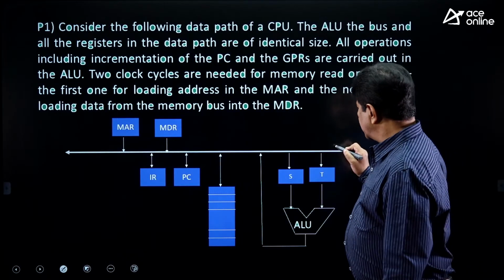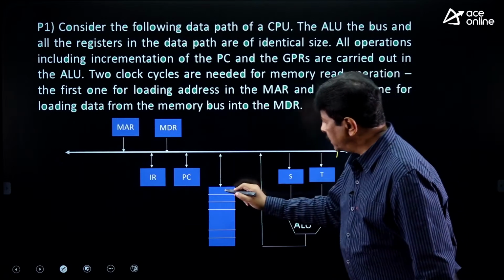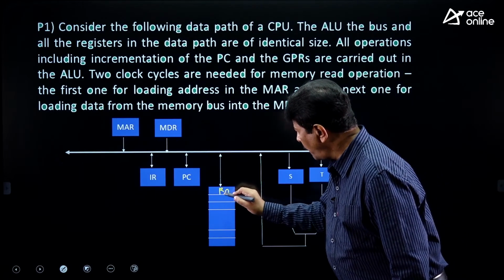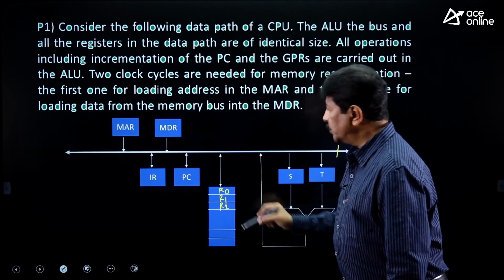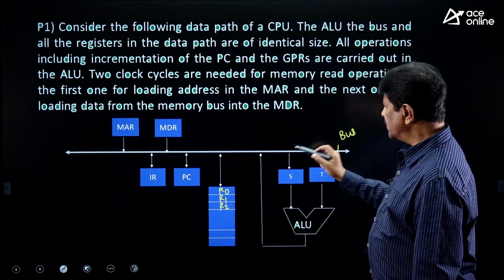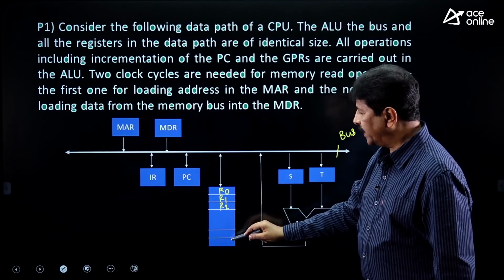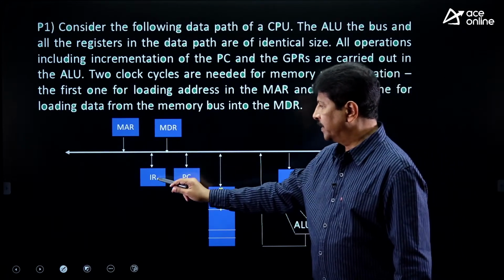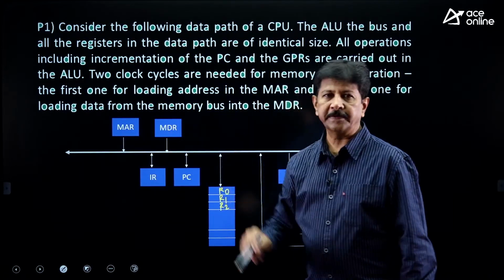So this is the bus he has given, and these are the general registers. To this bus you can see all the registers are connected: S register, T register, R0 to Rn registers, program counter, instruction register, memory address register, memory data register.